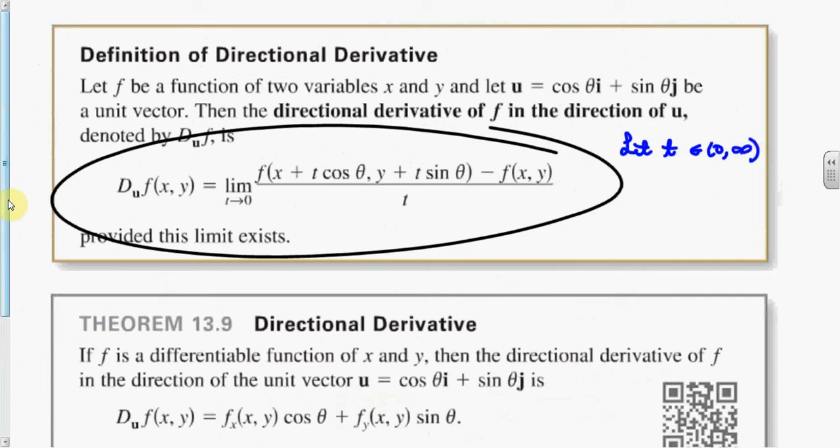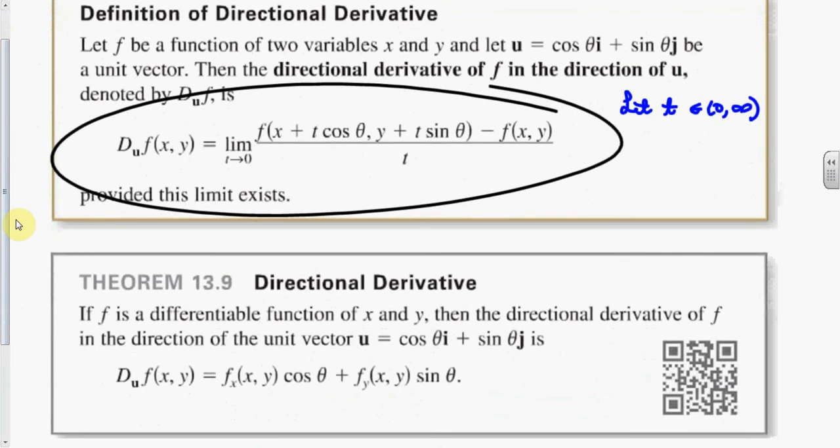So, the theorem, of which I don't have time and space to prove here, takes the definition and says, notice, in my form, we had the limit of f of x naught, y naught, but then over here was x naught and y naught as well, right?